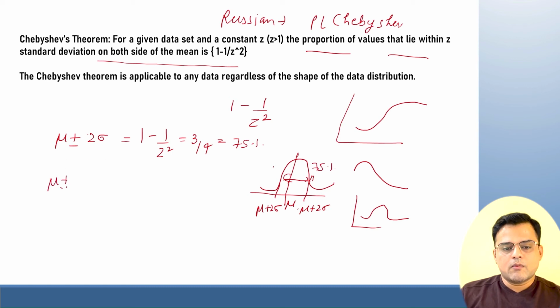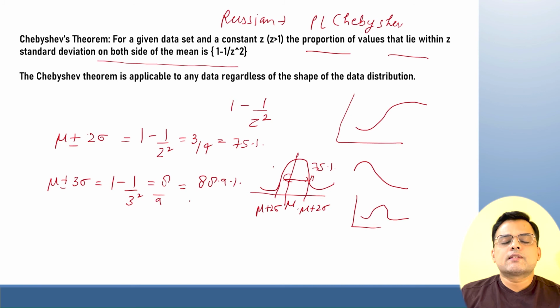And if we talk about 3 standard deviations, then it will become 1 minus 1 by 3 square, equal to 8 by 9, which is 88.9%. So 88.9% of the values will lie within 3 standard deviations from the mean.